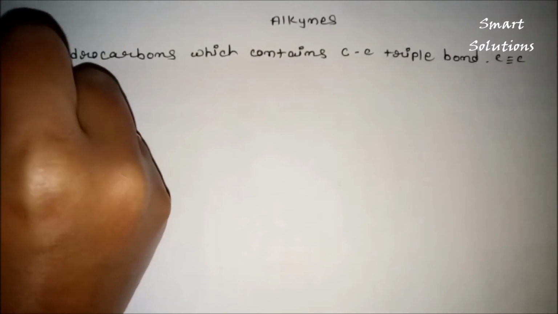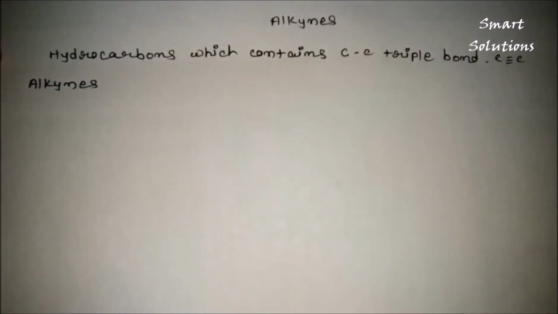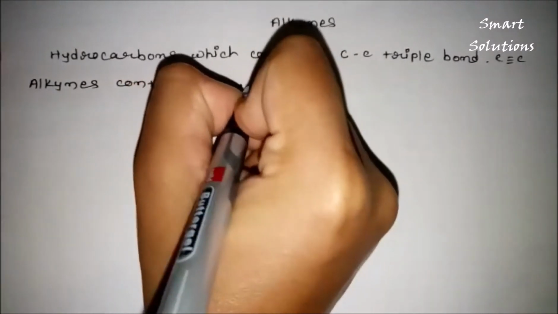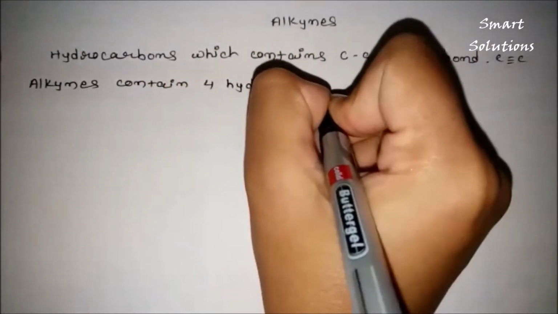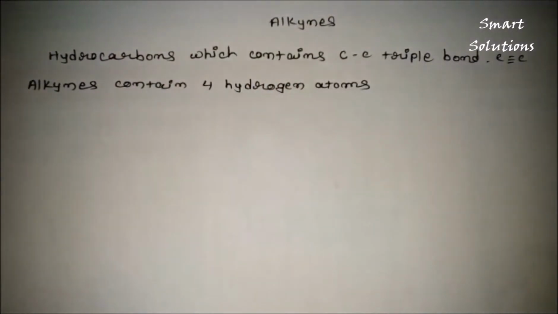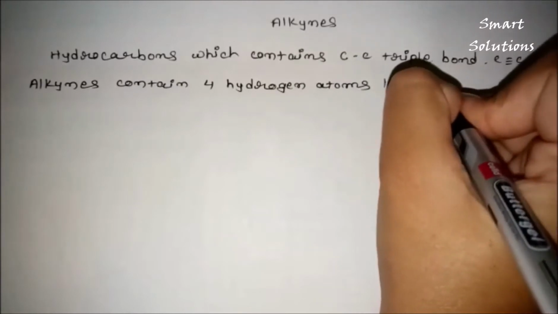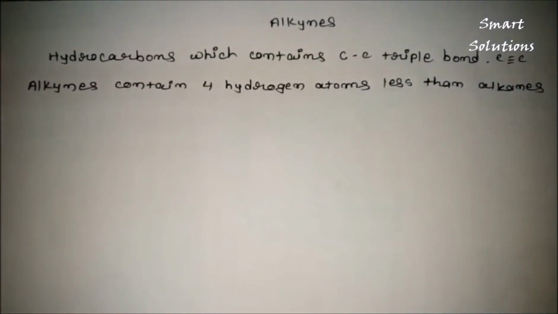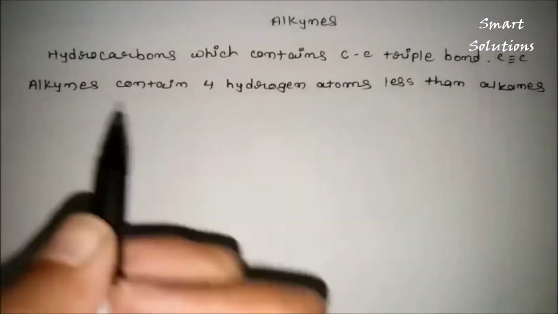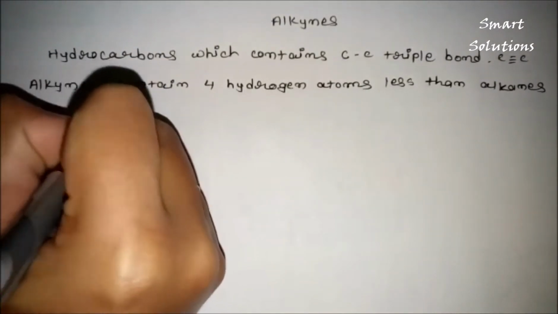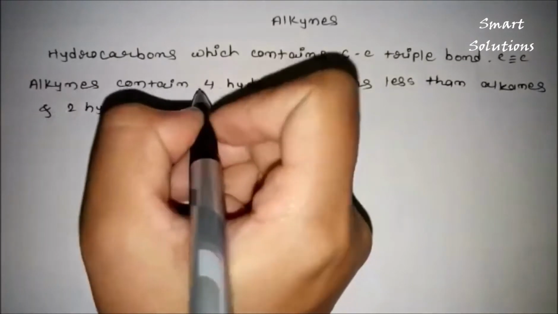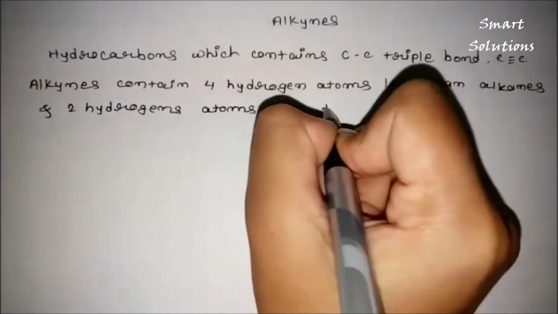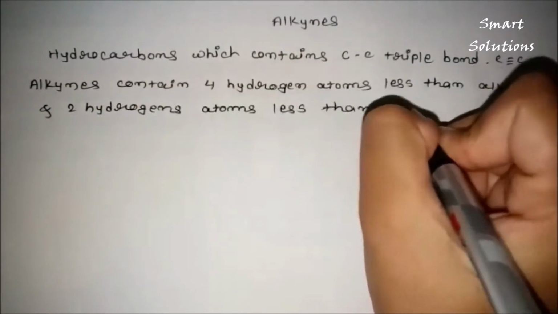Alkynes contain 4 hydrogen atoms less than alkanes, and 2 hydrogen atoms less than the corresponding alkene.